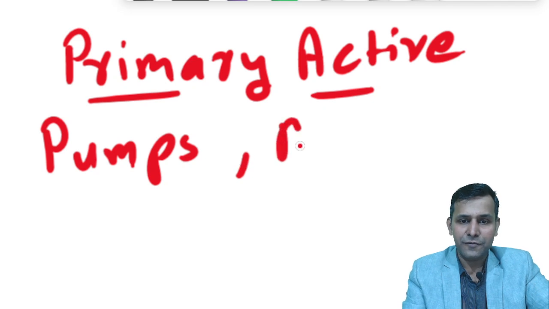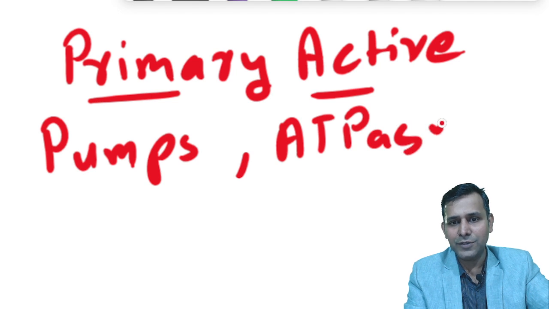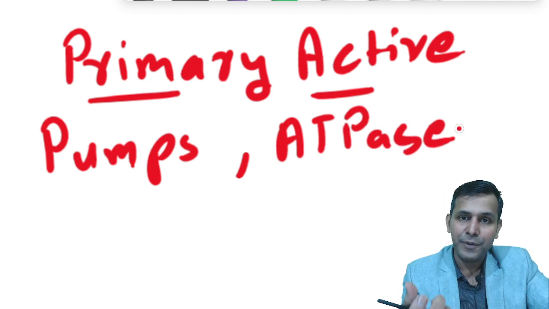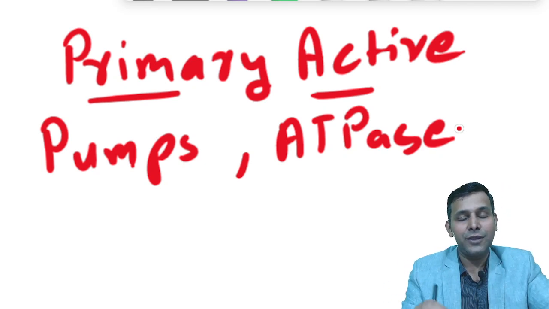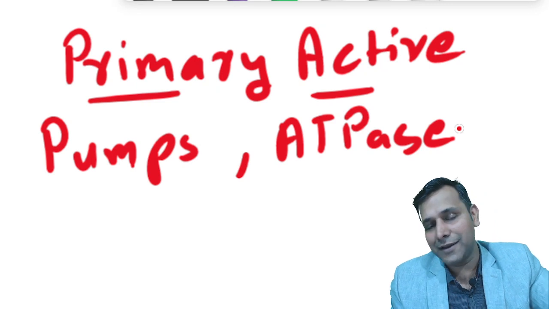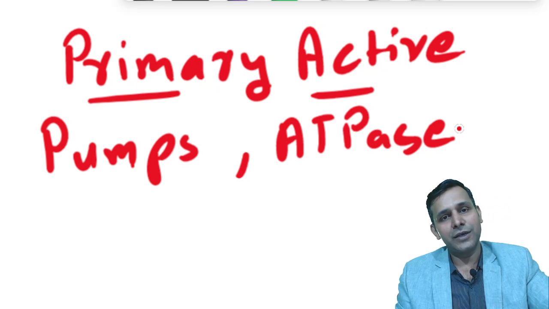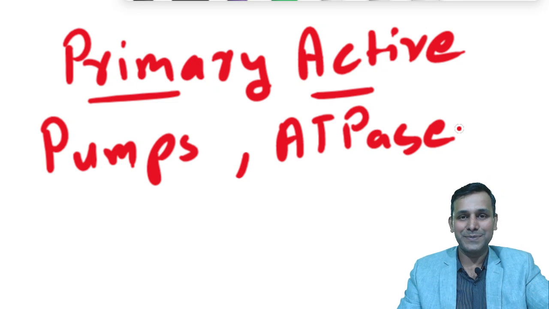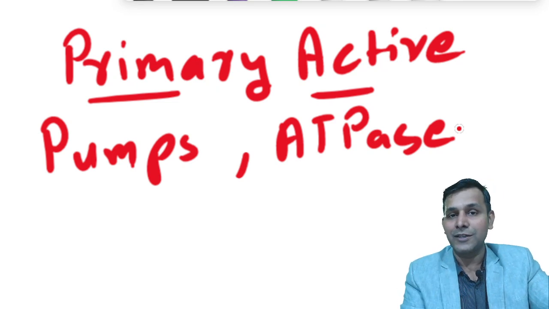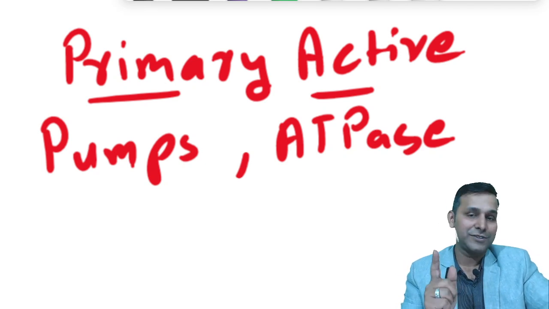So they will always have a suffix of pump or ATPase, because they use ATP as a source of energy, and to use the energy from ATP you require an enzyme called ATPase. So these transporters use the enzyme ATPase, and hence the name ATPase is given to them. So in primary transport, you will have the word pumps or ATPase first of all.